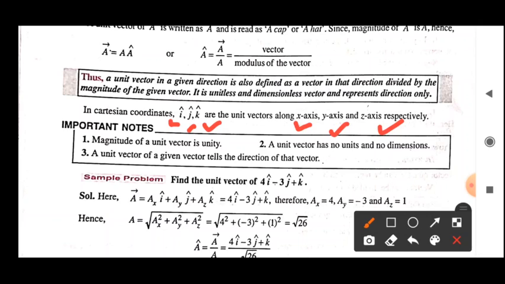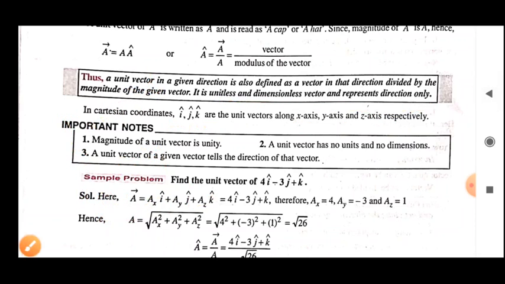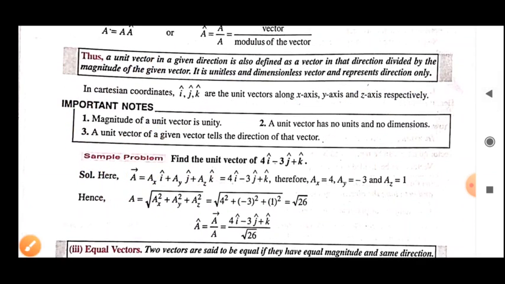And one more thing, unit vectors are unitless and dimensionless and represent only directions. If i cap is written, it represents the x-axis. If j cap is written, it represents the y-axis. If k cap is written, it represents the z-axis. So it gives us the direction.